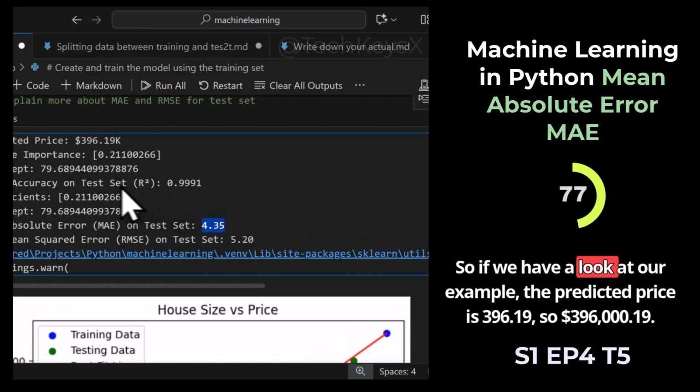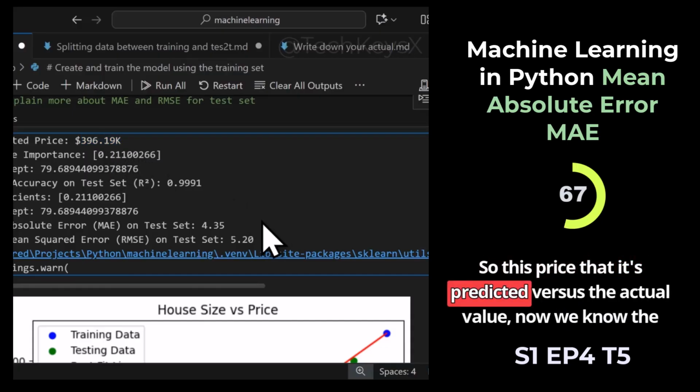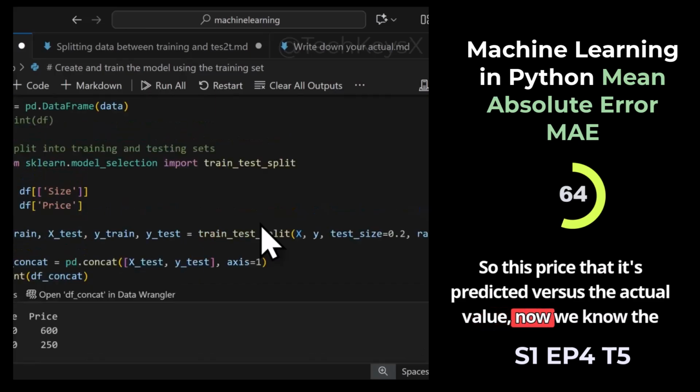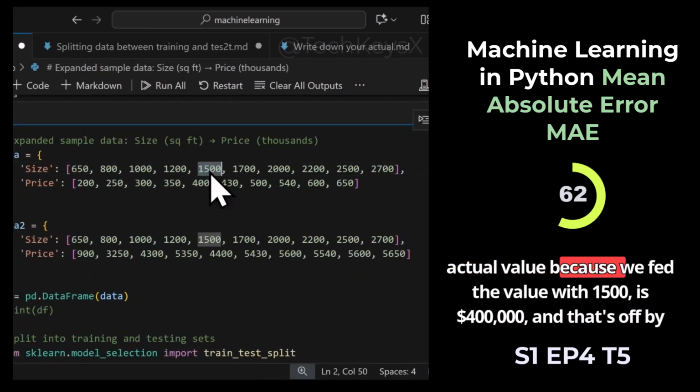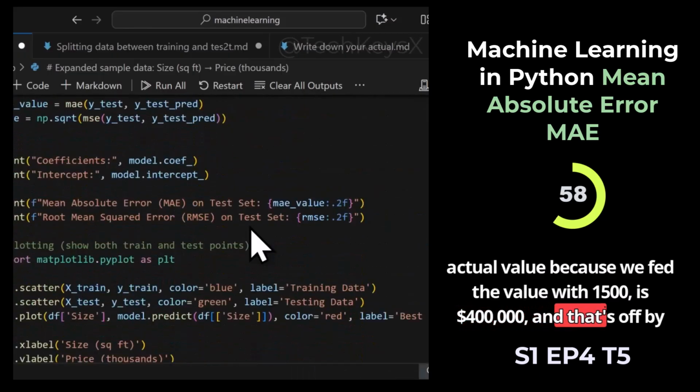If we have a look at our example, the predicted price is 396.19, so $396,000.19. Versus the actual value, which we know because we fed in 1,500 as $400,000, that's off by 4.